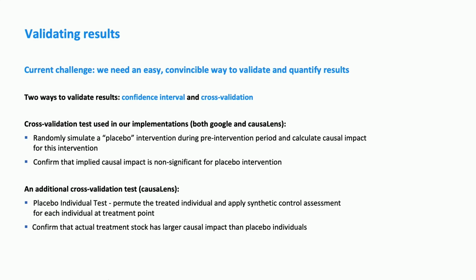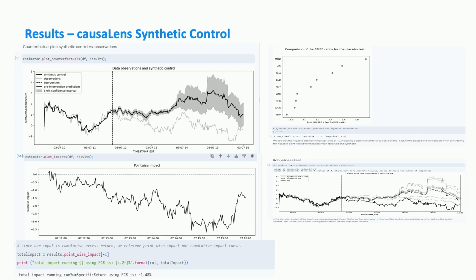So if they stay identical, then the ratio will be fairly low, except for the stocks that actually went through the treatment. So the CausalLens model actually has such validation tests built in. It's on the top right corner here. You can see that AR, which is our treat group, has the second highest post-pre-RMSE ratio.